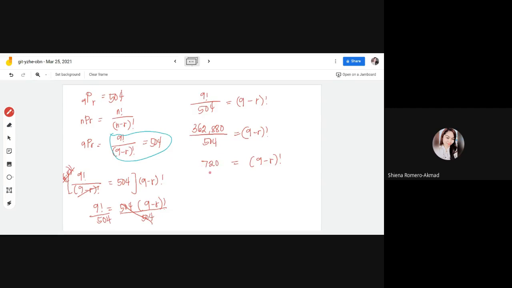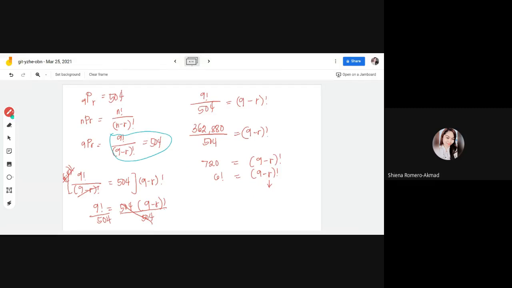Now, what is 720 in factorial? 6 factorial. So, para maging 6 factorial to, what should be the value of R?